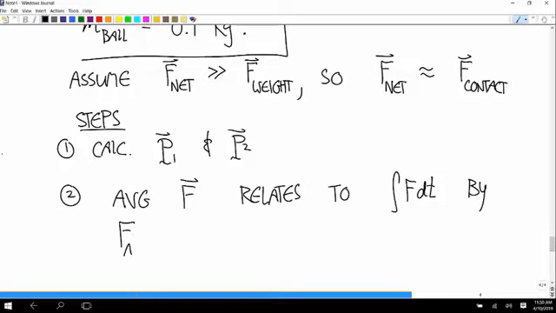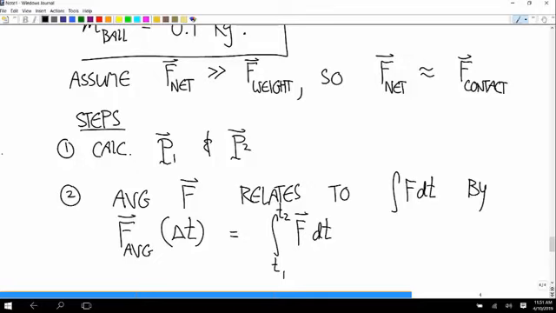So F average times the elapsed time is equal to the integral from T1 to T2 of F dt. Okay. Let's just finish that next time.